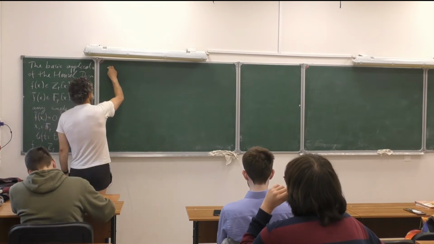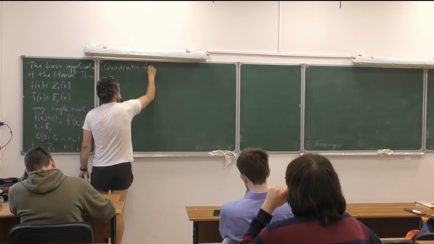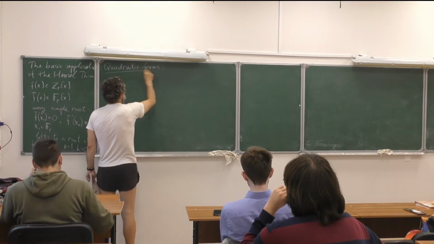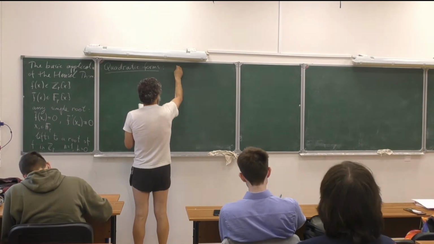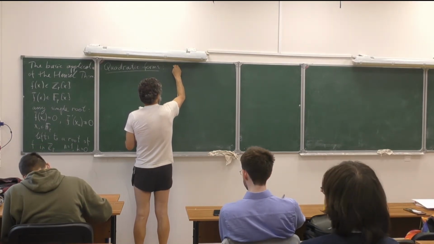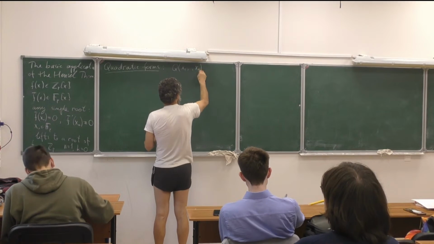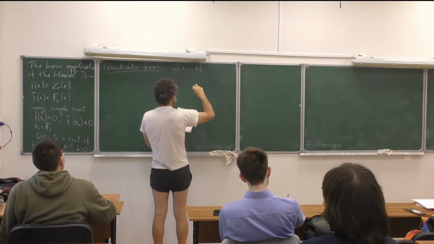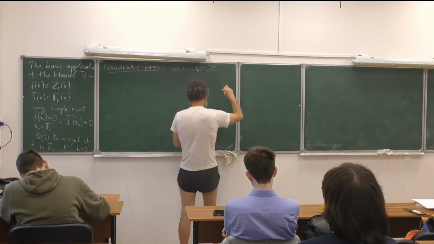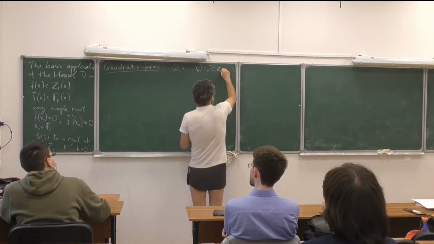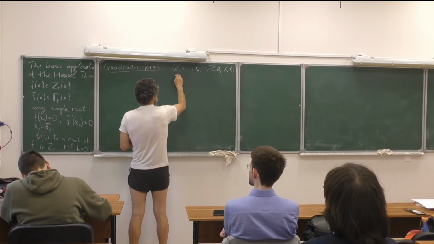Then another application is to quadratic forms. So you consider q of x1 and so on, xm, equals the sum of a_ij x_i x_j, and here everything is in Zp.